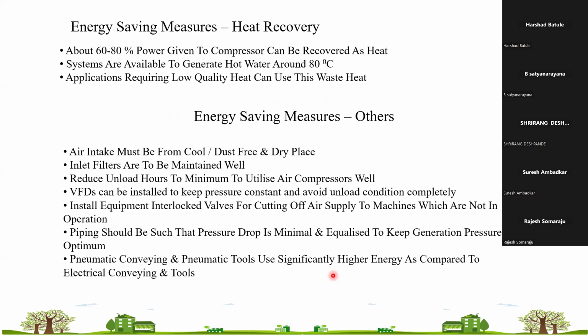During an hour, 5 kilowatt hour is consumed in load, but 1.5 kilowatt hour is also consumed in your unload cycle. So your entire energy consumption will be 6.5, but you are delivering only 5 kilowatt equivalent of air. So 1.5 kilowatt is wasted. To avoid that wastage of energy, a variable drive can be placed.